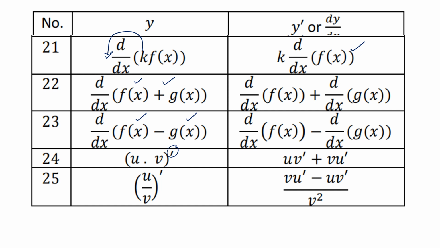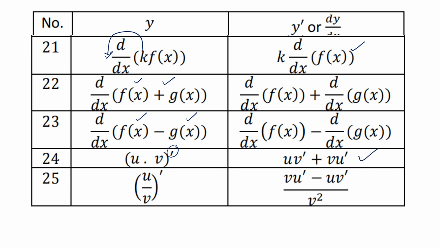So u is a function in x, v is another function in x. u times v, then we are finding the derivative. So derivative of product of two functions. One function is u, another function is v. So u times v derivative equal to, how we are finding this?